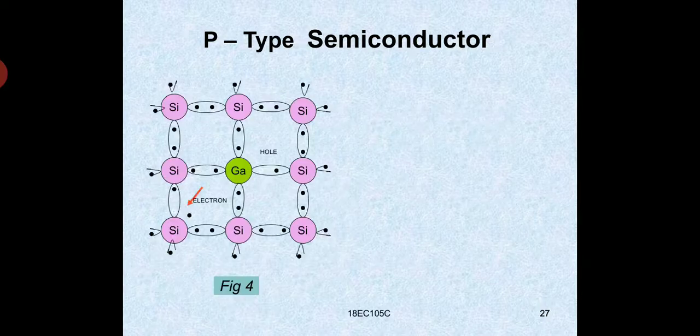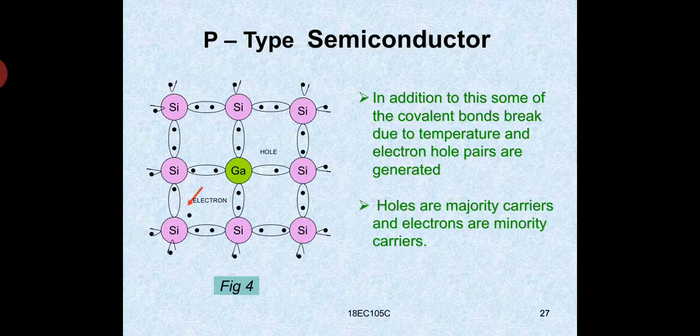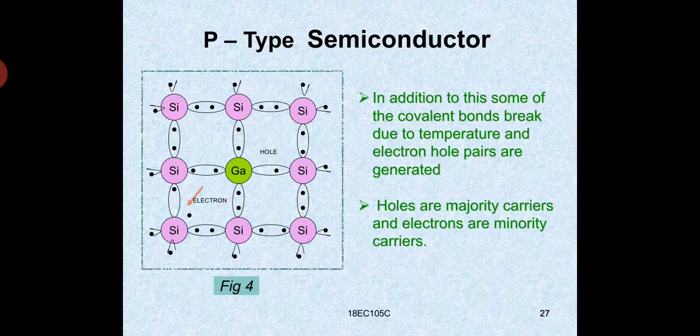In addition to this, some of the covalent bonds break due to temperature, and electron hole pairs are also generated in the material itself. So the holes are the majority carriers in this P type of material, and hence, as we know, the electrons are the minority carriers.